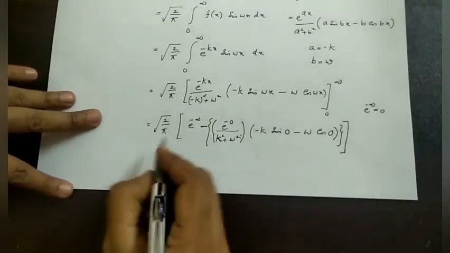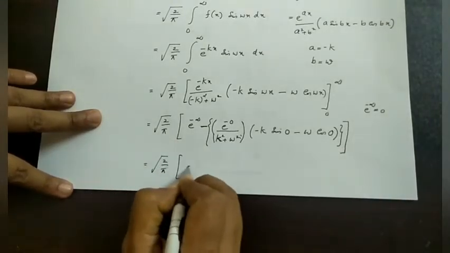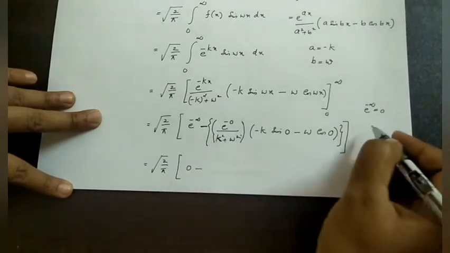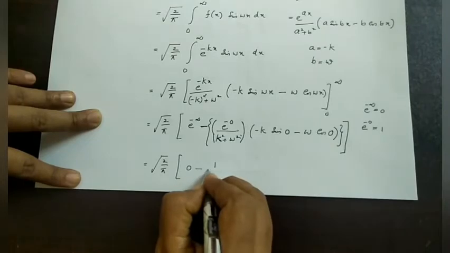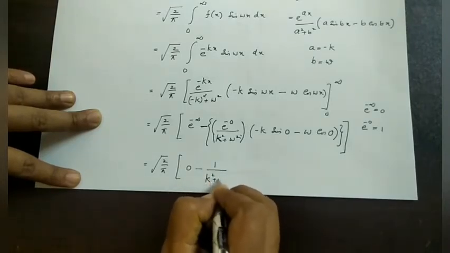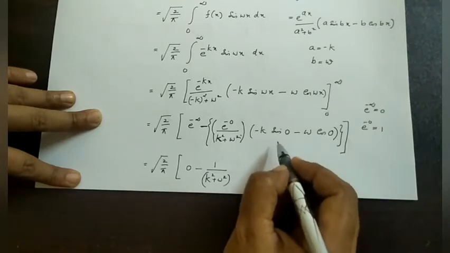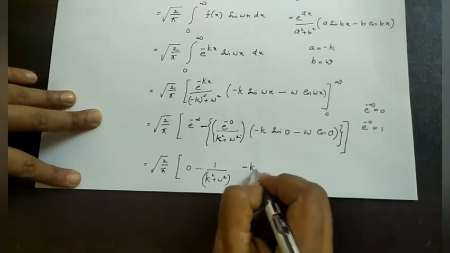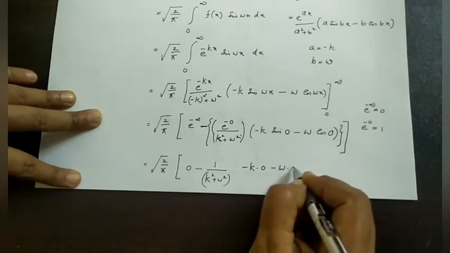Therefore we have root 2 by pi into 0 minus, e raised to minus 0 is 1. Therefore we have 1 by k square plus omega square into minus k into 0, isn't it? Minus k into sine 0 is 0, minus omega into cos 0 is 1.